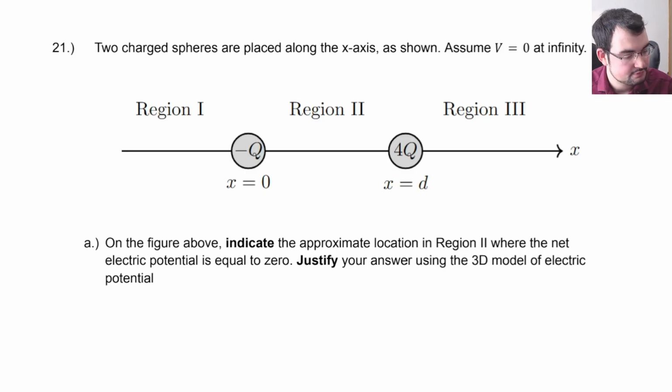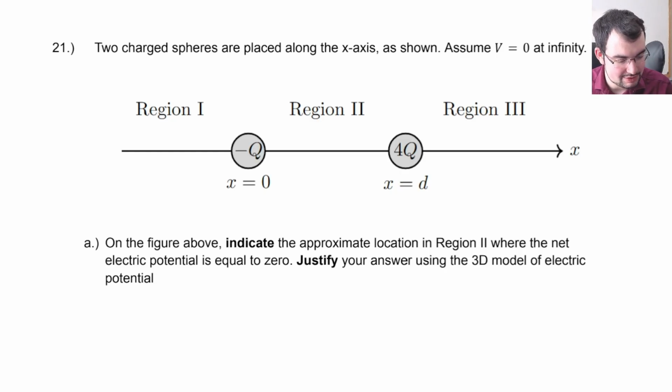Okay. So again, what we can think of here is that this negative charge is going to generate a valley or a downward spike, and the positive is going to generate a hill or a positive spike. And notice that we're really asking, like, where is sea level between the two?